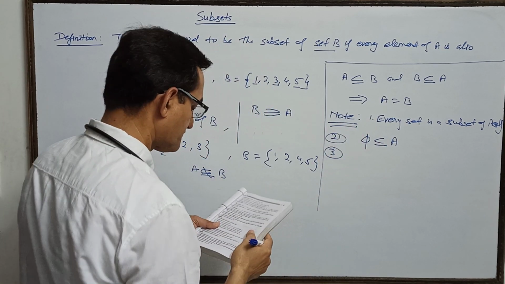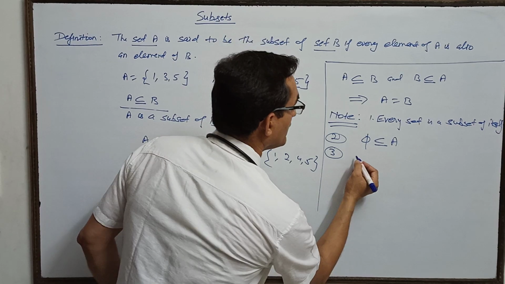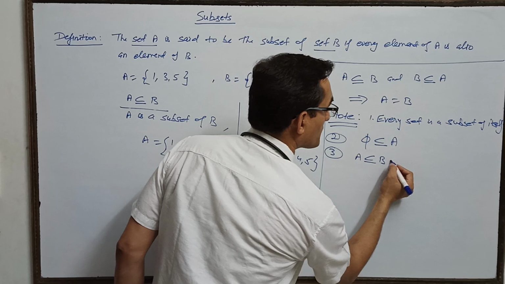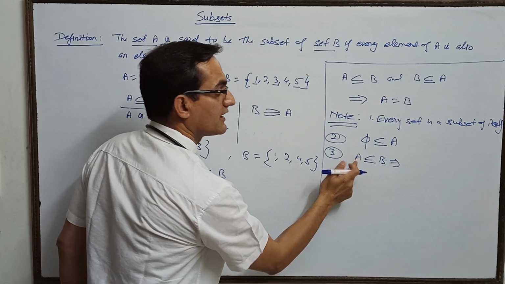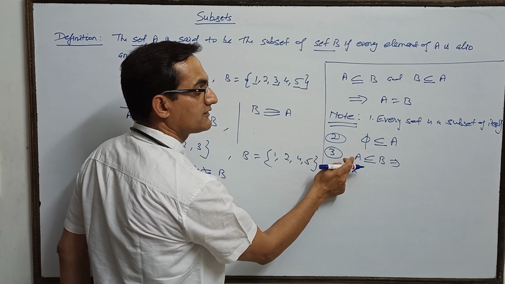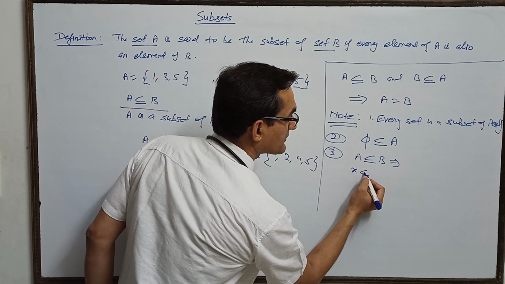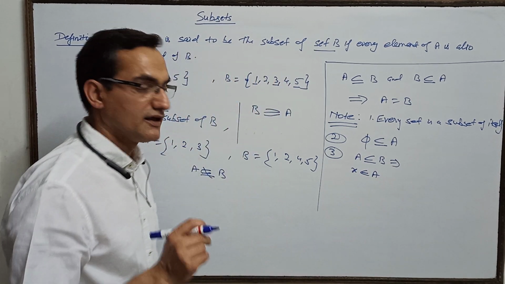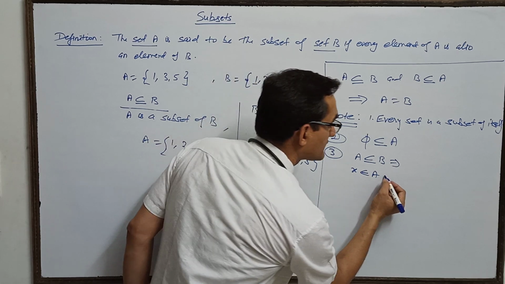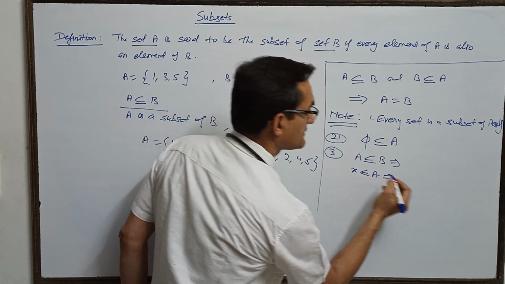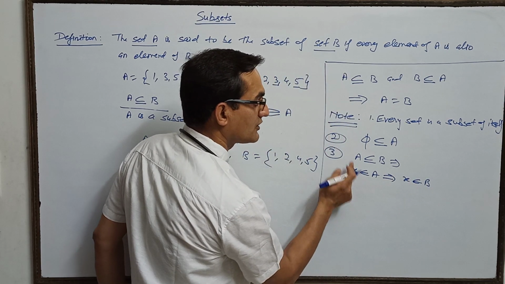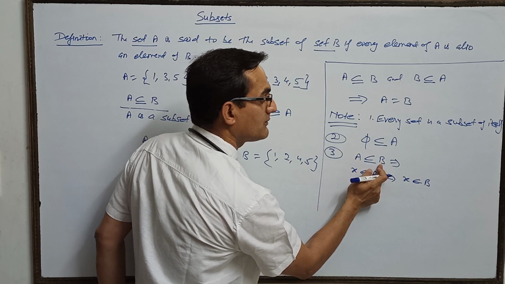Next is that if A is a subset of B, this implies that if X is any element belonging to A, this implies that X also belongs to B, क्योंकि X इसका एलिमेंट है और A के सारे एलिमेंट B में हैं.